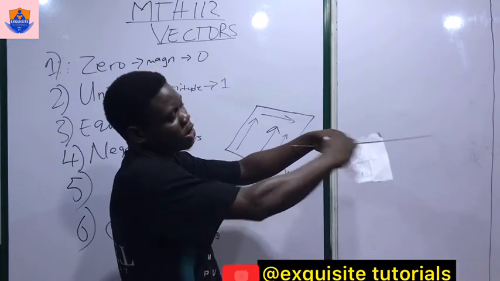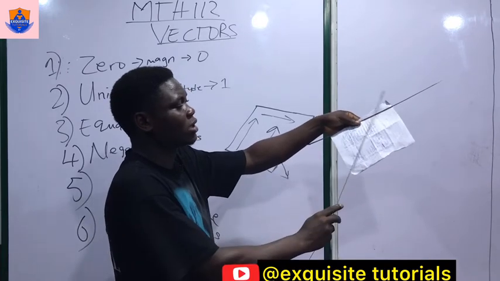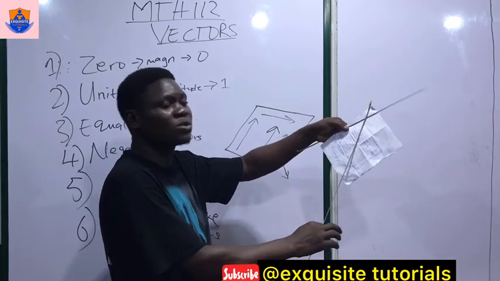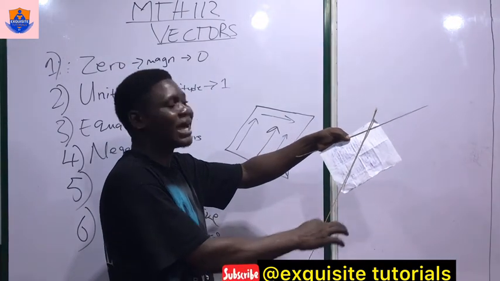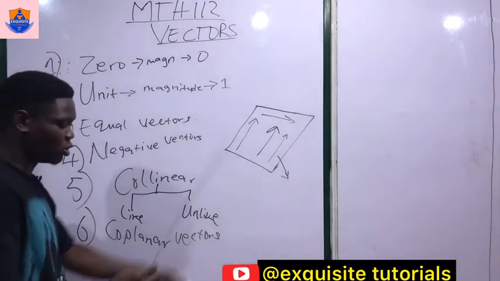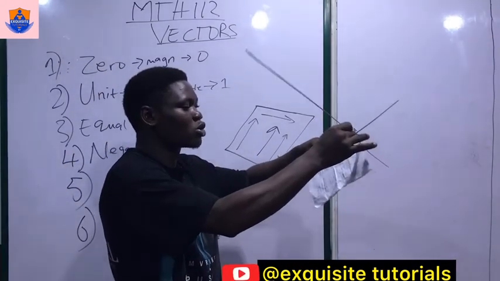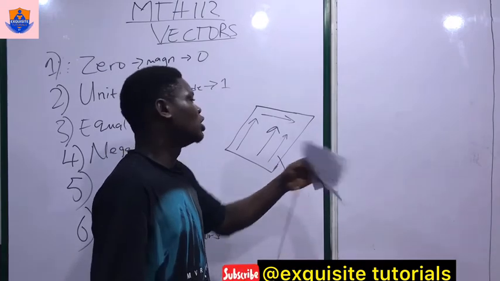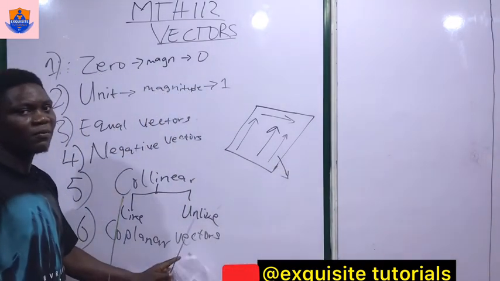I can position this one like this. I can decide to position this one like this. Because these two broomsticks can lie on the same plane here, they are called coplanar vectors. Anything that makes this one cross or move in a direction that does not lie on this plane is no longer a coplanar vector.